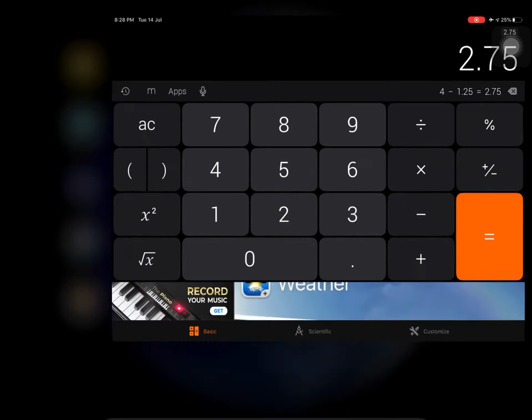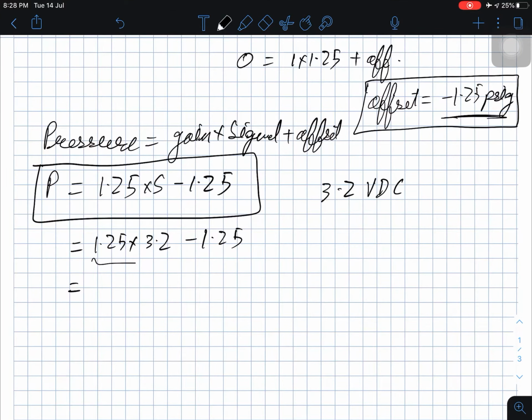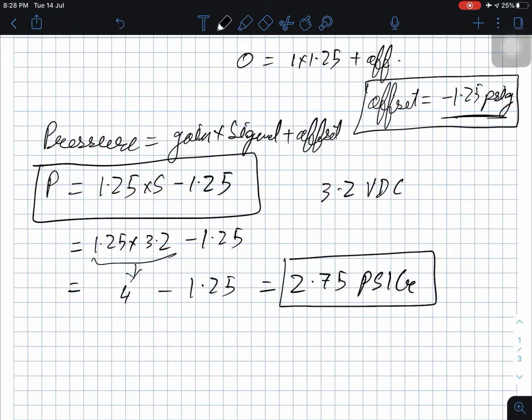So 4 minus 1.25 comes out to be 2.75 psig. So this much pressure is equivalent to 3.2 volts.